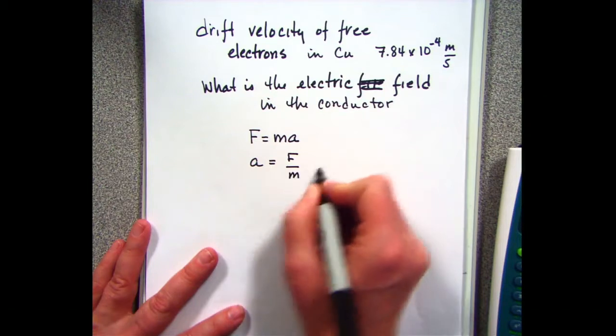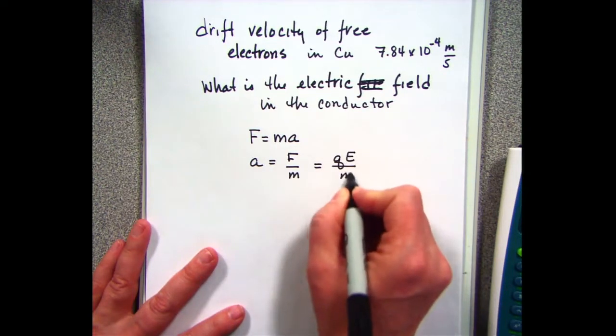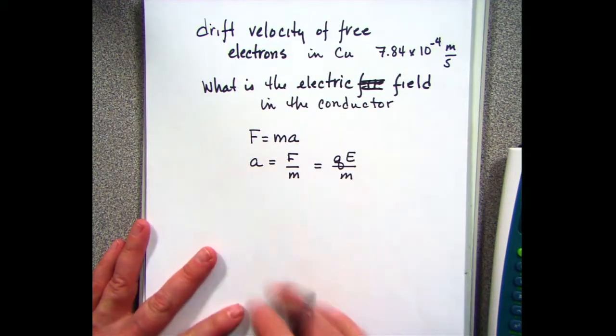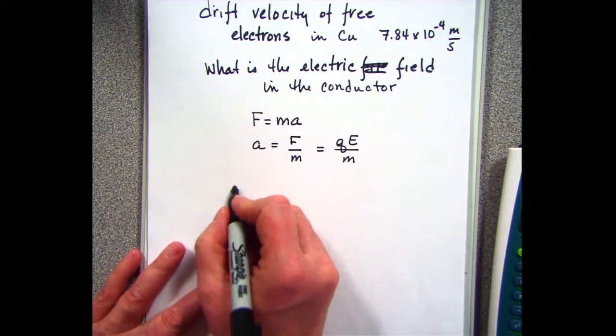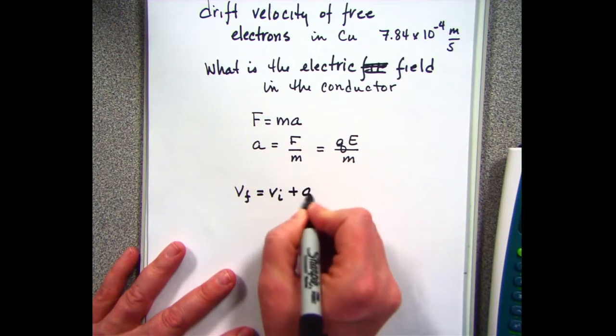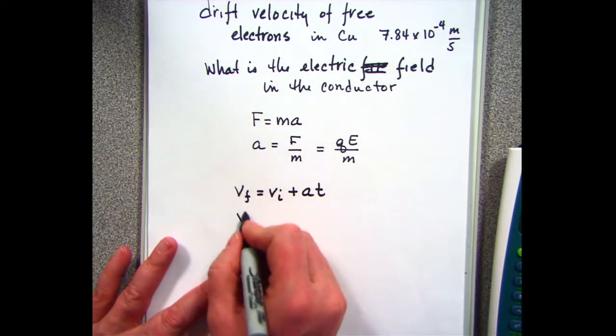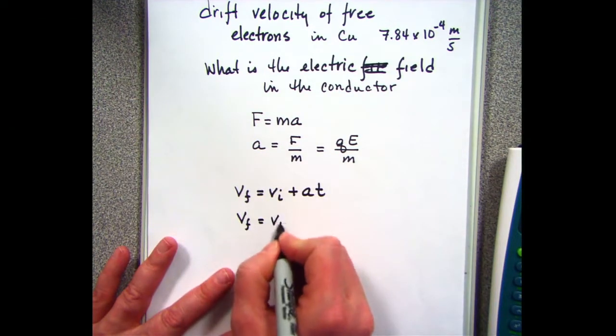So I substitute in there, and I get EQ over M times T. Now if I'm doing drift velocity, we can make an assumption that my initial velocity is 0.